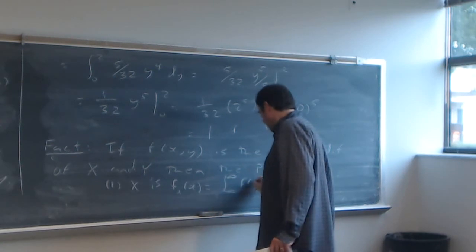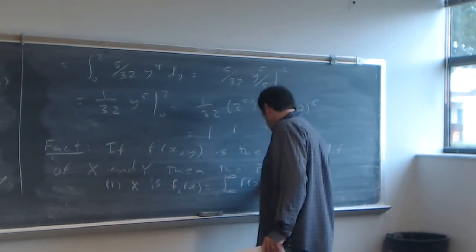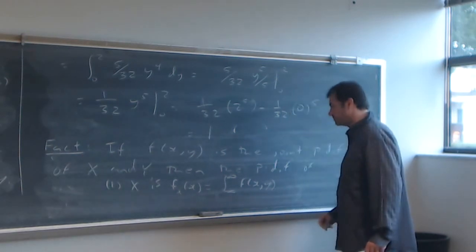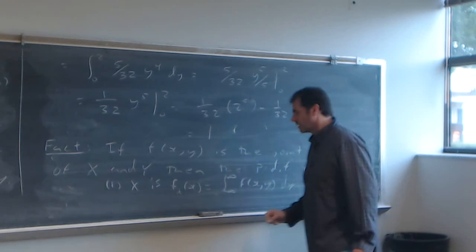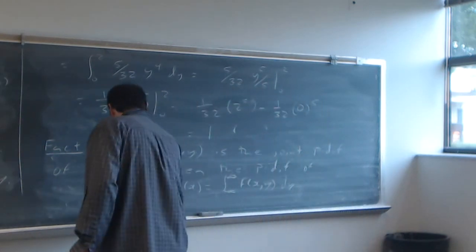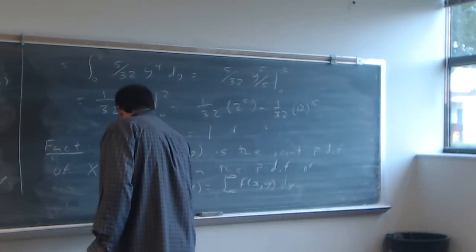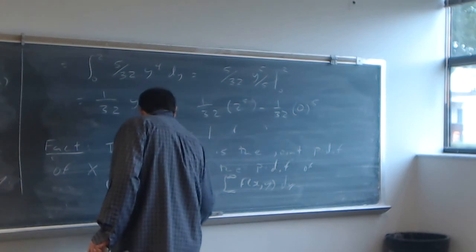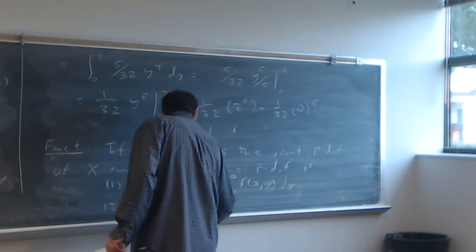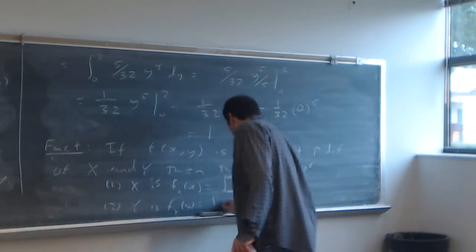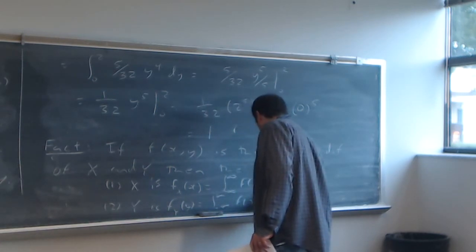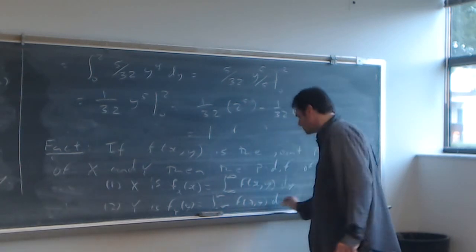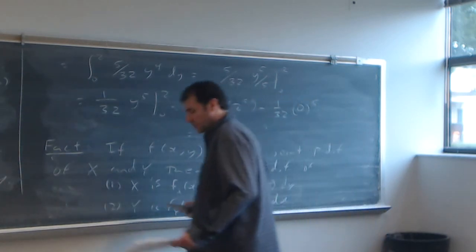So it's the integral of the joint PDF over the y's, and the individual PDF of y is f sub y of y, which equals the integral from minus infinity to infinity, over the whole real line, of f of x comma y dx. That's what we have.